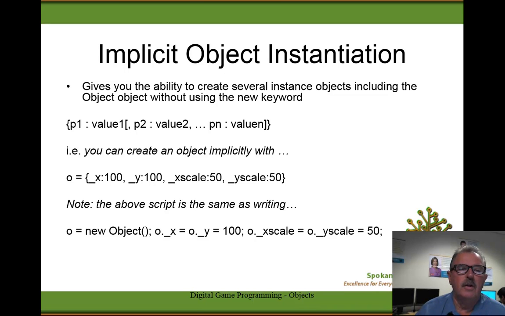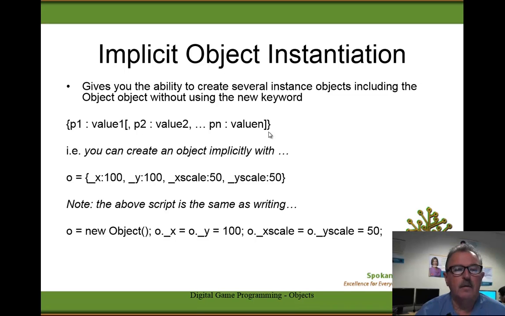The general form of an implicit object instantiation is shown here, where we have P1 colon value 1, P2 colon value 2, Pn colon value n, etc. Essentially, it's a code block set off with curly braces and containing a set of properties. This property list is comma separated, with each property name being assigned its value with a colon.